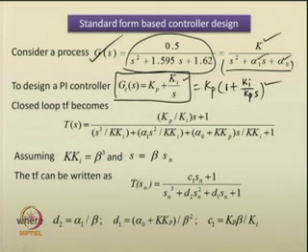With this process dynamics and PI controller dynamics, the closed loop transfer function becomes T(s) equal to Kp upon Ki s plus 1 divided by s cubed by k Ki plus alpha 1 s square by k Ki plus alpha 0 plus k Kp times s by k Ki plus 1.